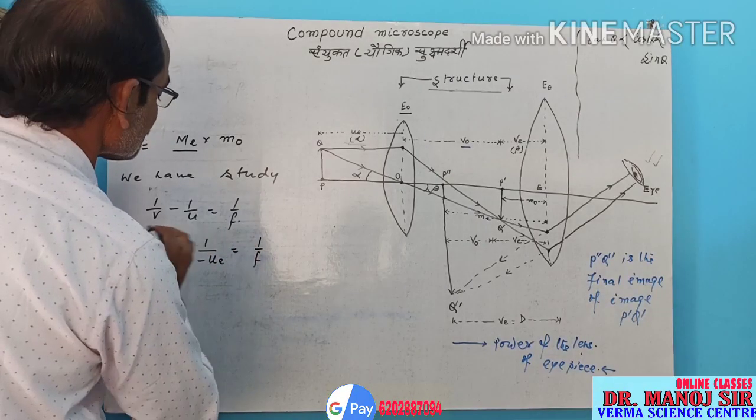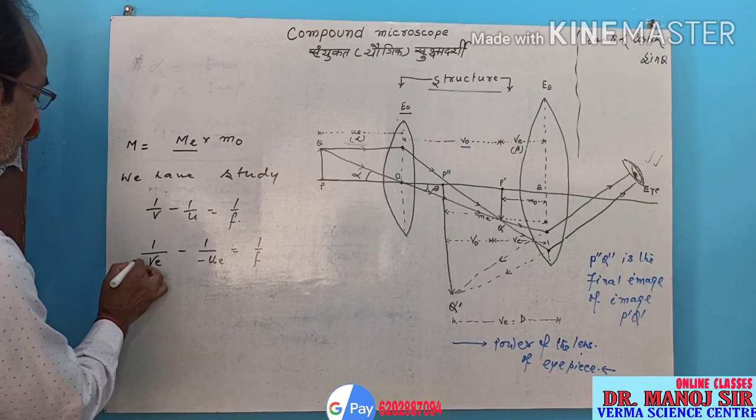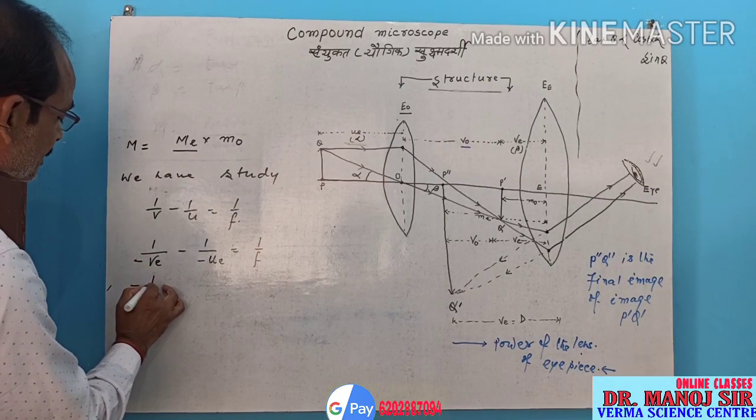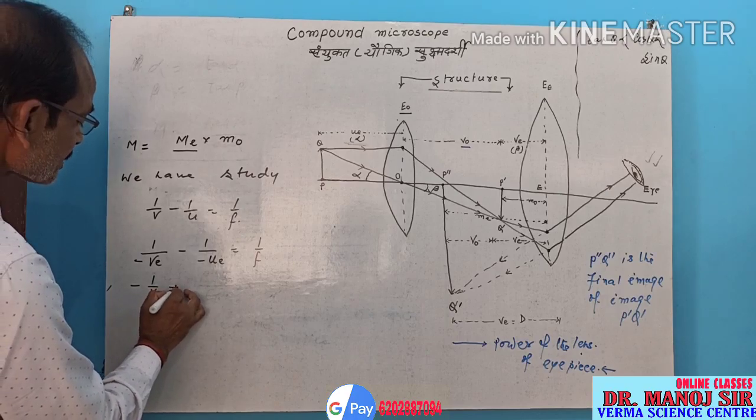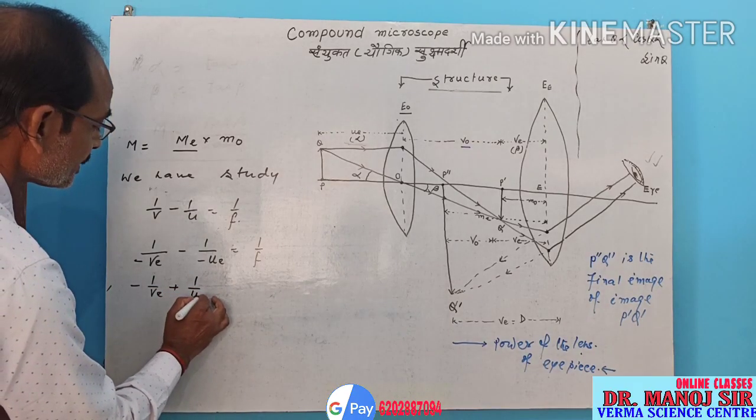It can be written minus 1 by VE plus 1 by UE equal to 1 by FE.